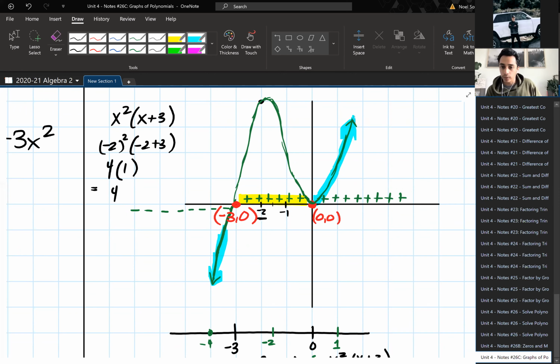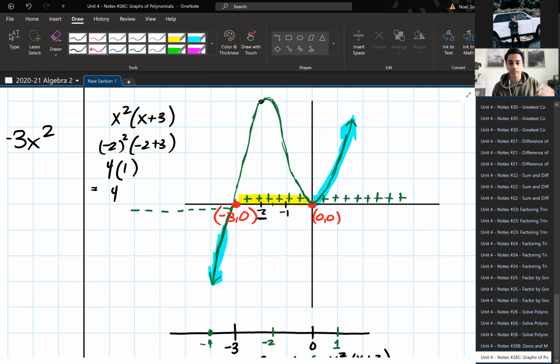If x equals 0 was a multiplicity of 3, would we still have to do sign analysis for it? Well, sign analysis helps confirm what you should know about the multiplicity. So let's say, for example, multiplicity of 3 at x equals 0. Then we should know that it should cross through the x-axis, and then it would probably switch back from positive to negative.